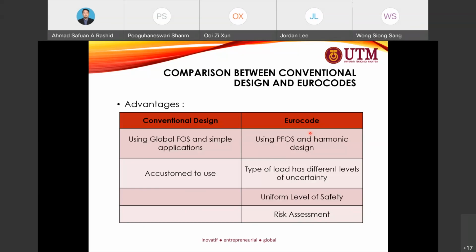Uniform level of safety, it introduces this kind of level of safety in the design. It also has a risk assessment as well.